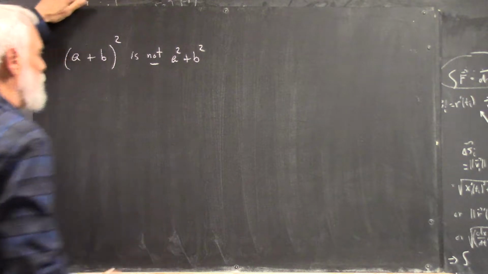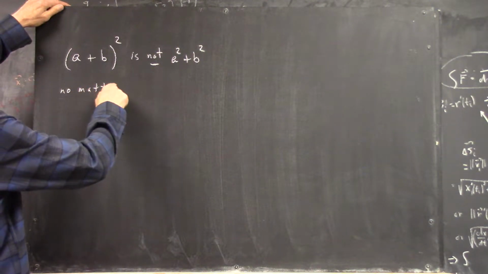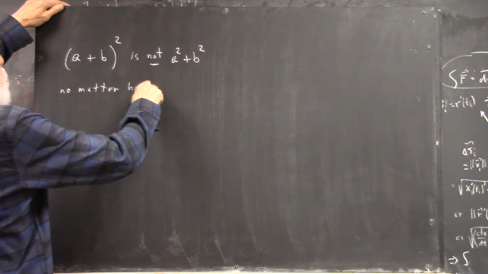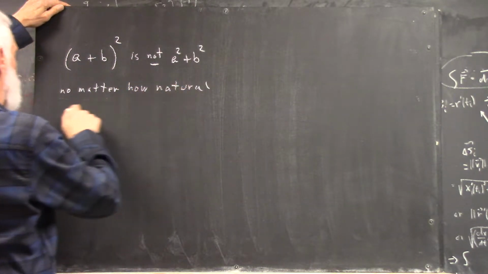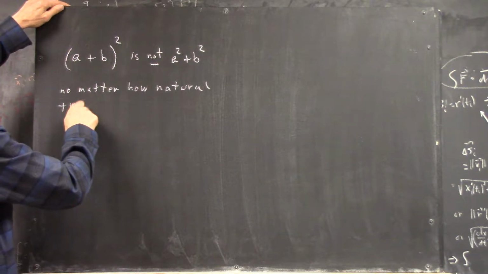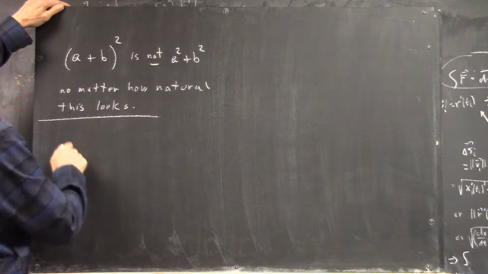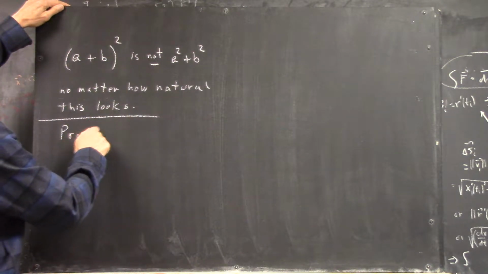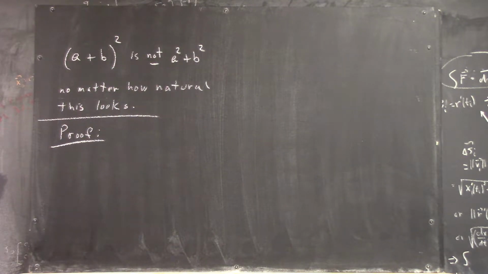So this is not a squared plus b squared, no matter how you want it to be. Okay? Proof.